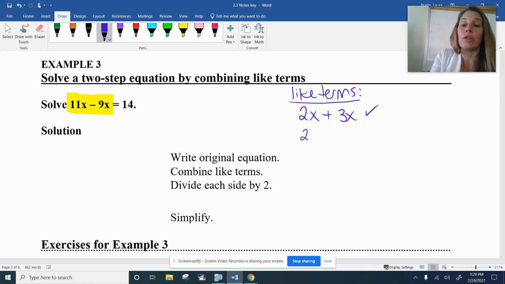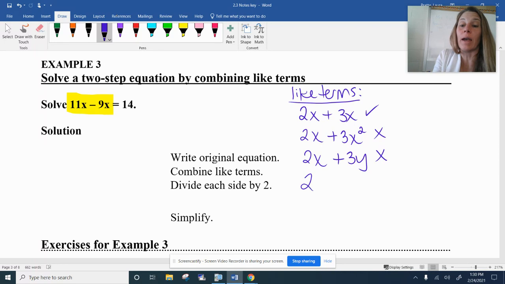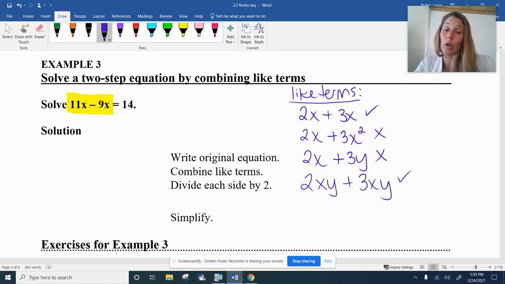If I had a 2x and a 3x squared, those would not be like terms because one has a squared and one does not. If I have a 2x and a 3y, those are not like terms because they're two different variables. If I had 2xy and 3xy, those would be like terms because they both have the xy.